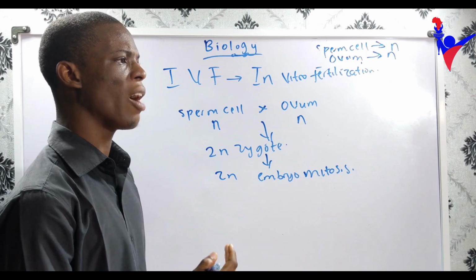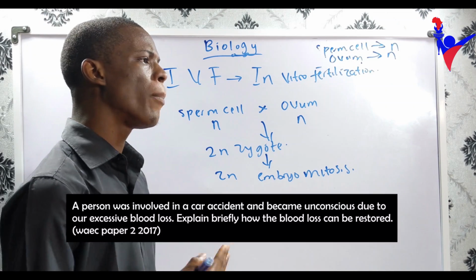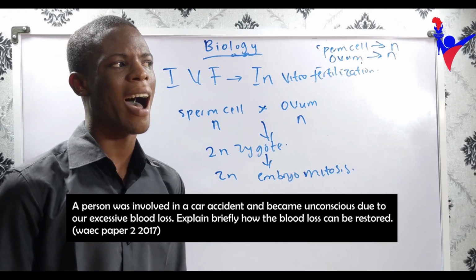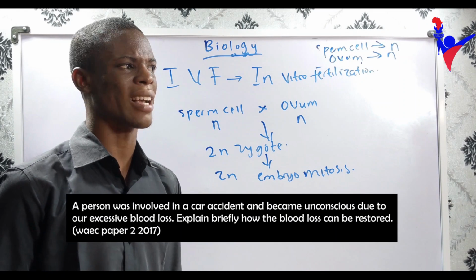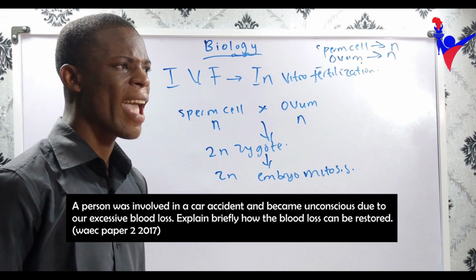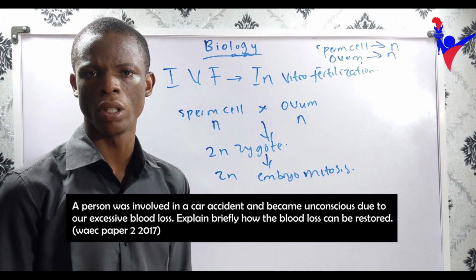So the next question is a theoretical question. We are asked, a person was involved in a car accident and became unconscious due to excessive blood loss. Explain briefly how the blood loss can be restored.